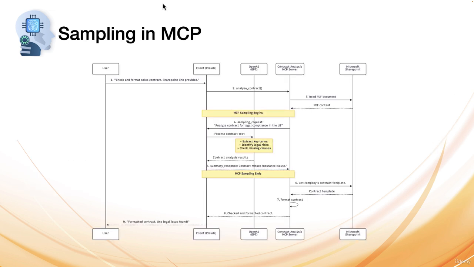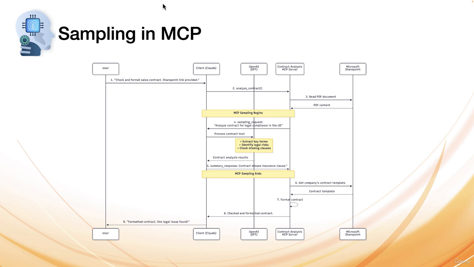This is an example where a salesperson creates a sales contract and then wants to make sure that the sales contract is legally fine and also in a specific company-provided format. They have the document on a storage such as Microsoft SharePoint, grab a sharing link, and go to a desktop such as, say, Claude Desktop and type in "check the format of my sales contract" and paste the SharePoint link in Claude Desktop as well.